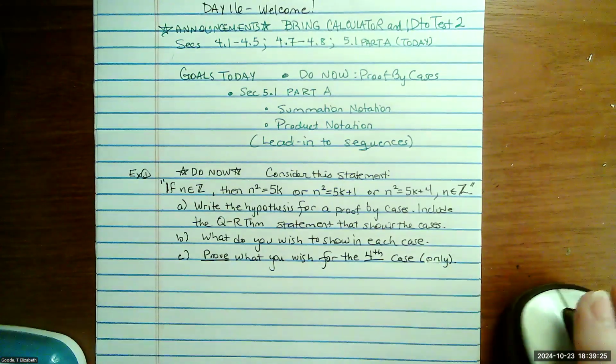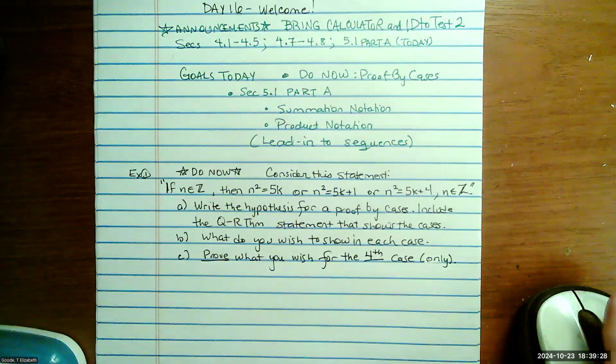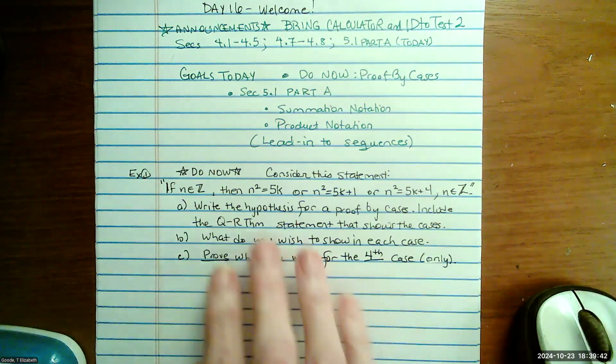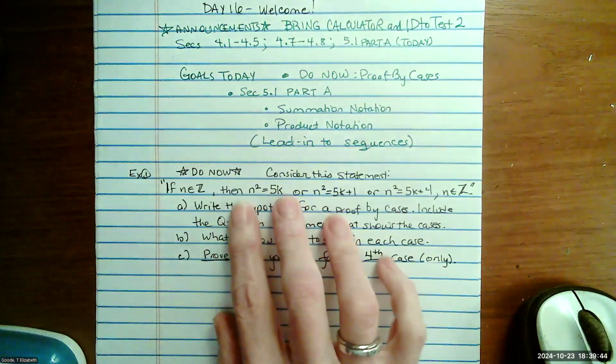But let's go ahead and look at one more proof by cases. This was a due later problem from an earlier day that we met. I think it was a due later problem, maybe from day 13 or 14. I can't exactly remember. And it's a statement about perfect squares.